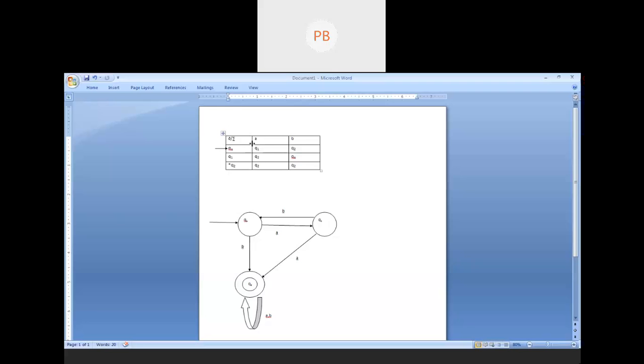The rows of the table correspond to the states, and the columns correspond to the input.